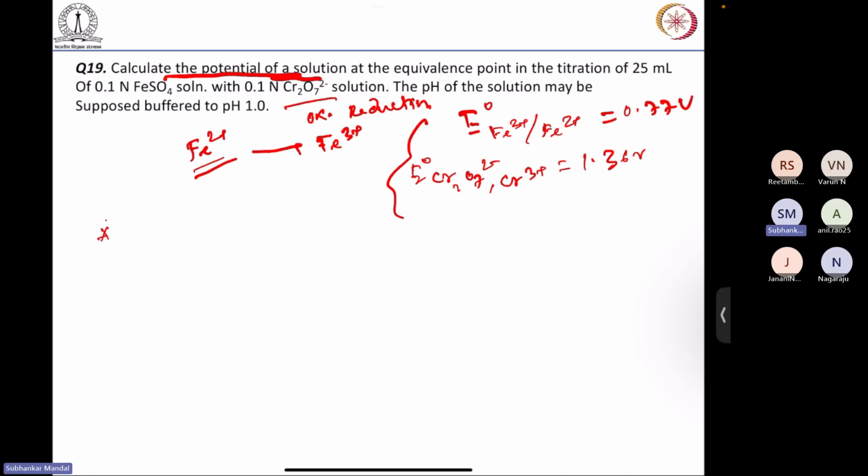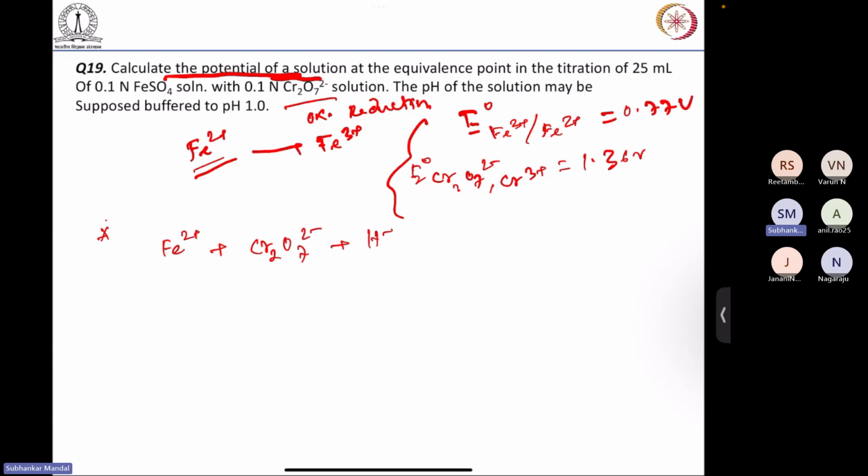I think these things are done in BSc time, the potentiometric titration with the chromate salt. So basically, Fe2+ with Cr2O7 2-, done in acidic solution.